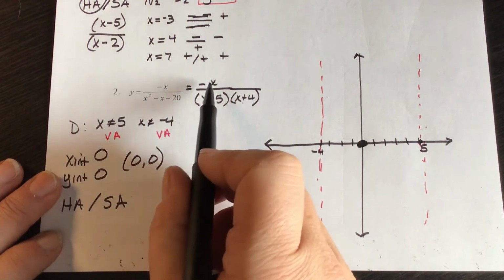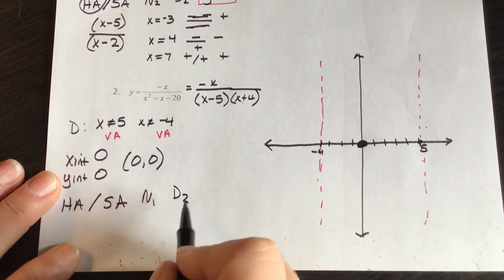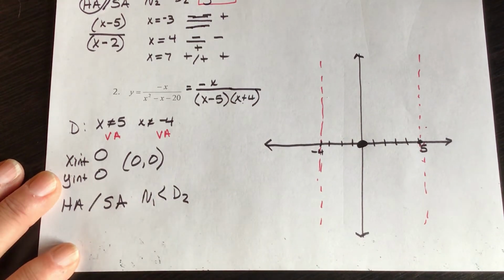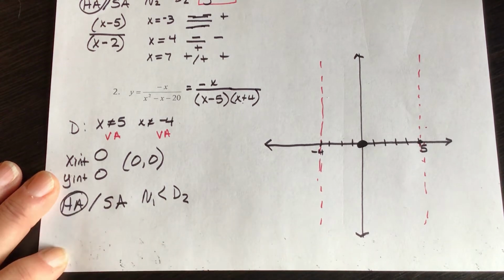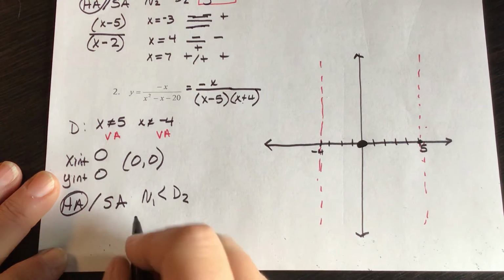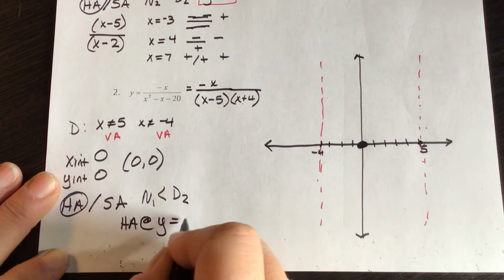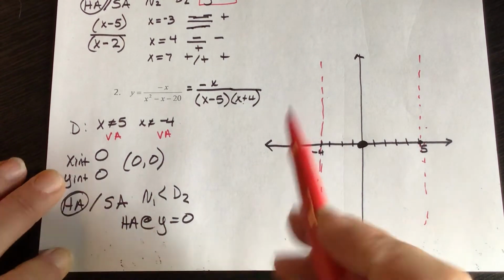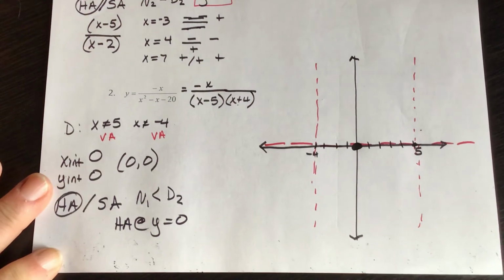Comparing degrees, my numerator is degree 1, my denominator is degree 2, so the denominator is bigger. When that happens, I do have a horizontal asymptote, and it is at y equals 0, and that would be the x-axis. Okay, so we have a horizontal asymptote here.